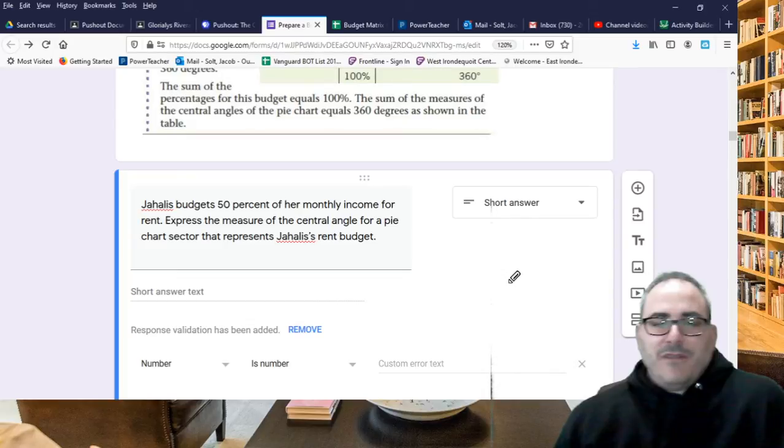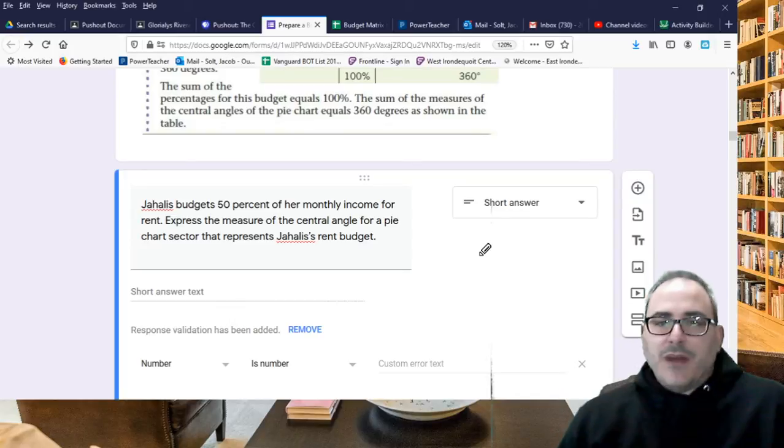All right, so how do I represent this 0.5 in terms of a circle? Well, remember, there are 360 degrees in a circle, and we want to multiply. Disappearing ink has to erase on its own.